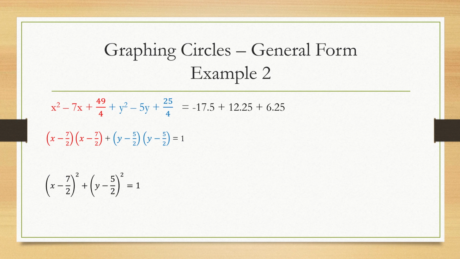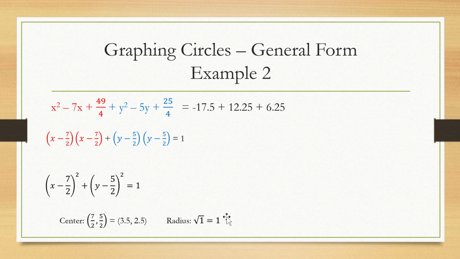All right, everyone. Now that it's in standard form, we can just identify the center and the radius. In this case, the center is going to be at 7/2 and 5/2. Those are the coordinates of the center. And we have to graph it, so we should probably write it as a decimal, so 3.5 and 2.5. The radius is going to be the square root of this number, which is the square root of 1, which is just 1.